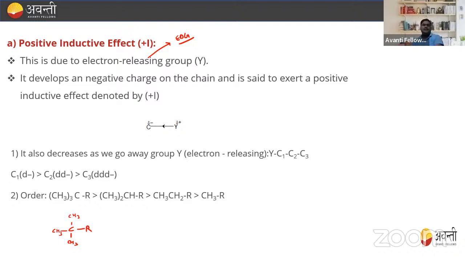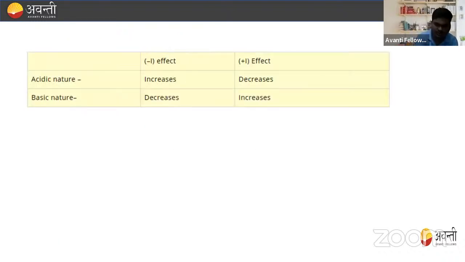Because here the electron donating groups are more. So as the number of electron donating groups increases, the plus I effect also increases. More electron donating groups attached to this carbon make it more and more negative. So the tertiary carbocation shows the plus I effect much more readily as compared to secondary, primary, and CH3R. Right. So I hope this is clear to you.